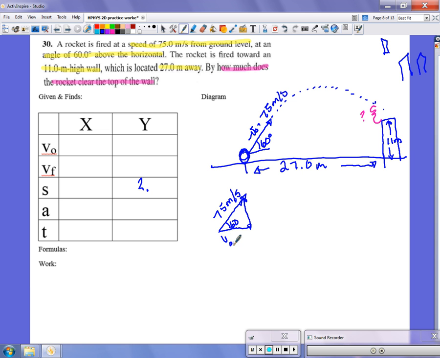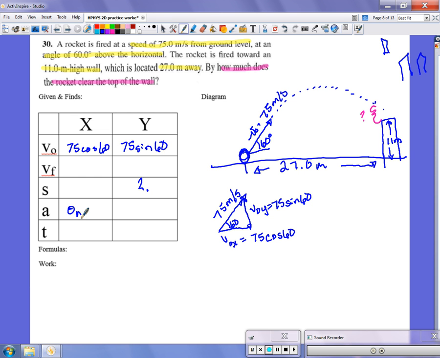And so V naught x is going to be 75 cosine of 60, and V naught y is going to be 75 sine of 60. Okay, so now we're ready to start filling in our table. V naught x is 75 cosine of 60, and V naught y is 75 sine of 60.